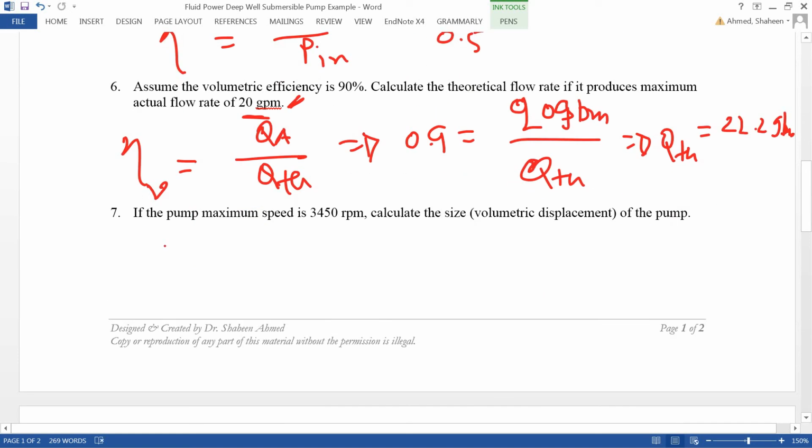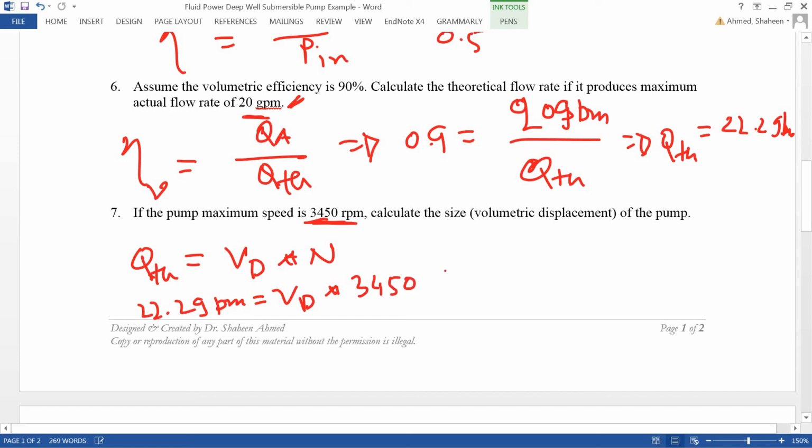Now it says here if the pump speed is 3450, this also came from the pump characteristics data on the Amazon.com website, calculate the size of the pump. So basically what it is asking is what's the volumetric displacement. We know that theoretical flow rate can be determined by this equation. So this calculated 22.2 gallon per minute is volumetric displacement times the RPM.